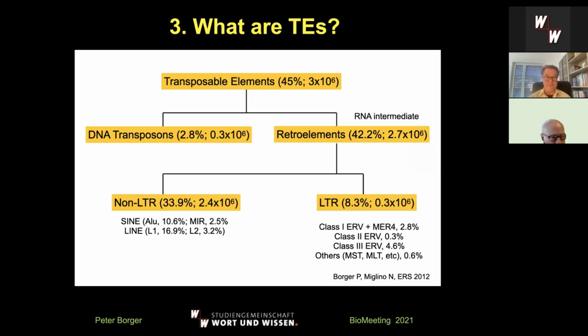And we have two very well defined transposable elements with an RNA intermediate, which are the non-LTRs, non-long-terminal repeat elements. They are called LINEs in science. And on the other hand, we have these ERVs, which do have an LTR, long-terminal repeat. And these are the so-called endogenous retroviruses.